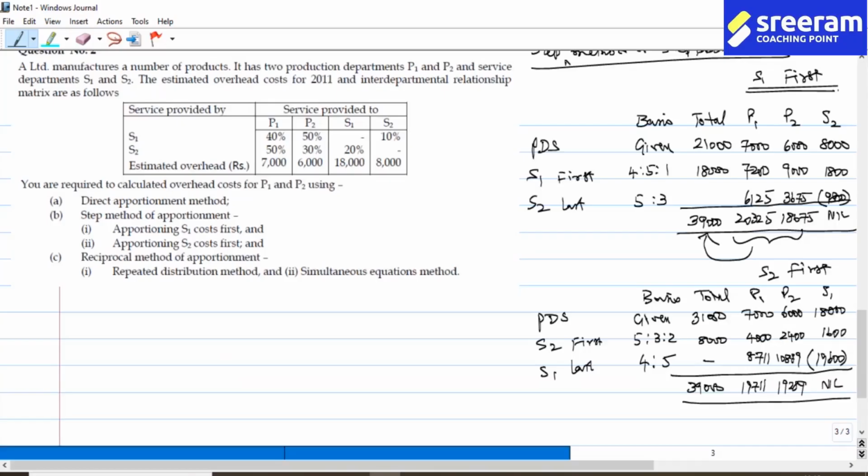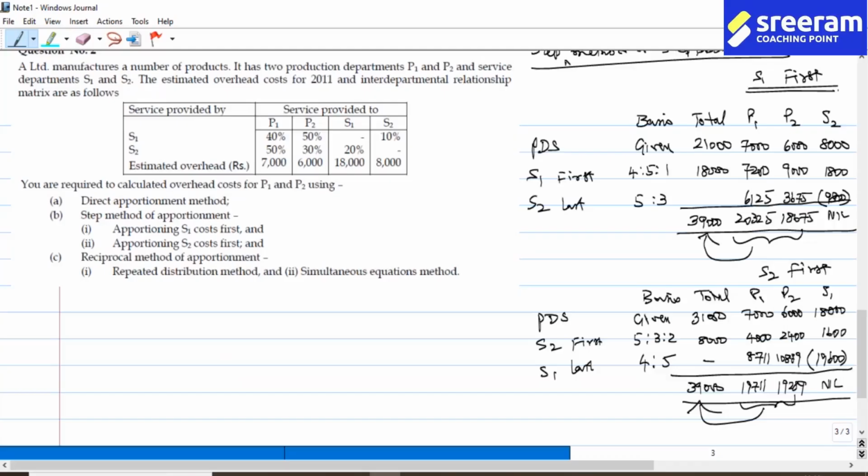So 19,711 and 19,289, if you sum up, it comes to 39,000. Are you understanding? So if the problem is silent, I would have started with this one because the majority of its services have gone to other production departments, and therefore we would have taken up this one. But in this particular case, it was given specifically that you're going to do it in this fashion.